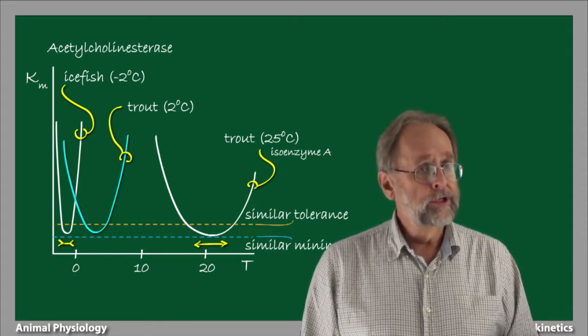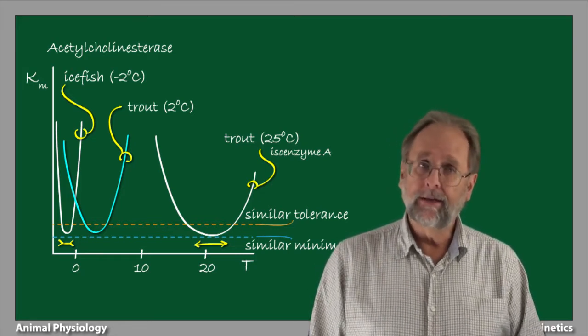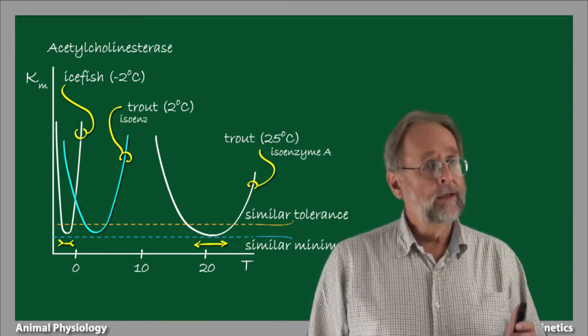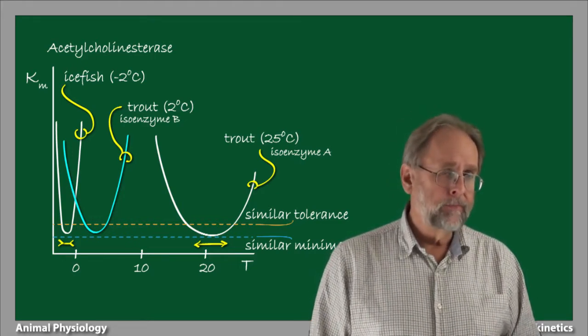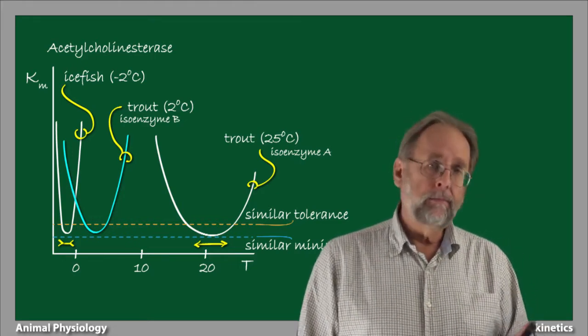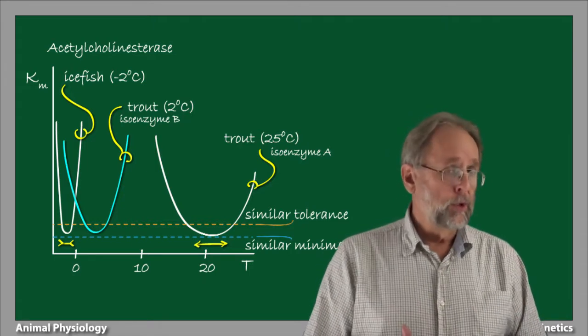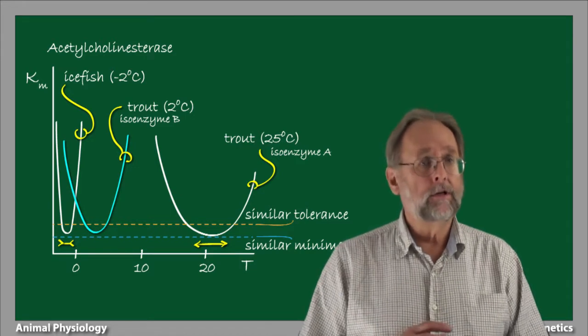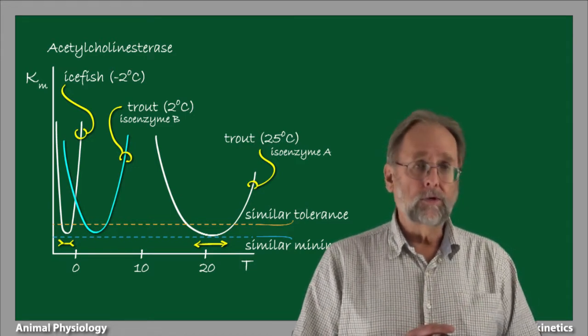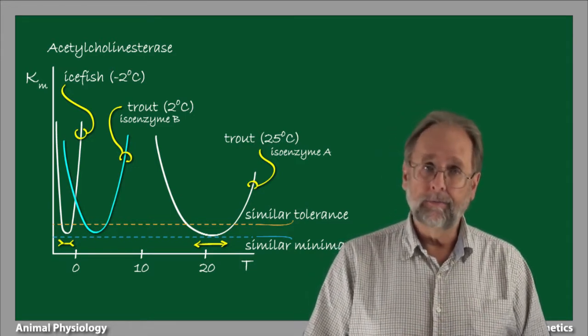Acclimation to cold temperature involves gradually replacing the A isoenzyme with a B isoenzyme, a process that takes a while to accomplish. The gene for isoenzyme B has to be activated, new proteins have to be synthesized, and these have to be slotted into the nerve terminals to replace the molecules of isoenzyme A there.